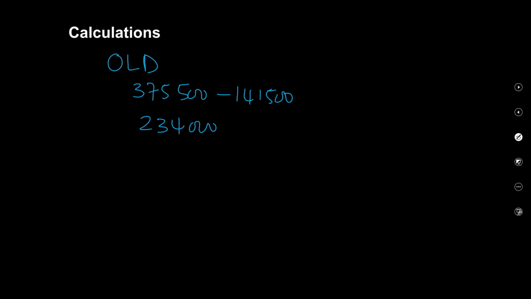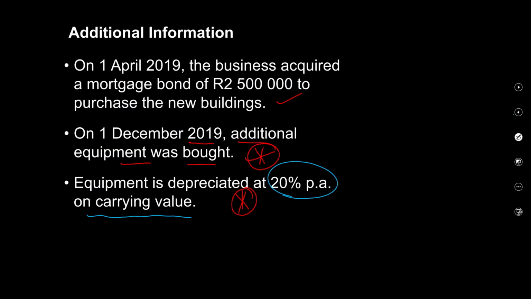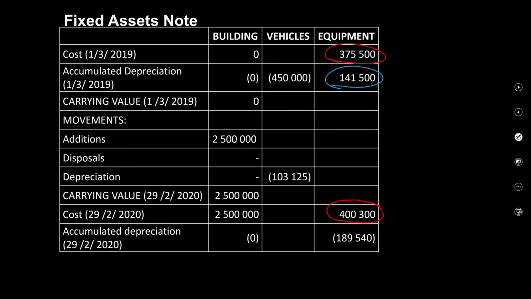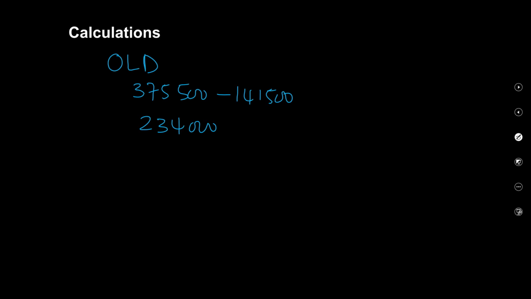What do I need to do? I needed to calculate my depreciation on my equipment at 20% per annum on the carrying value. So I've got my carrying value, which was 234,000. Here we go, 234,000 times 20 over 100 times your time. You had this equipment for the entire year.